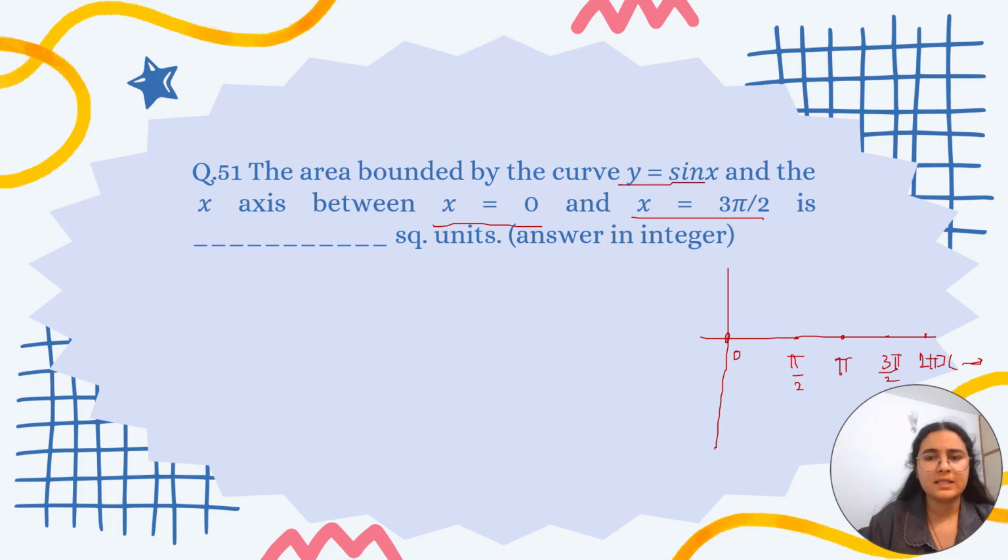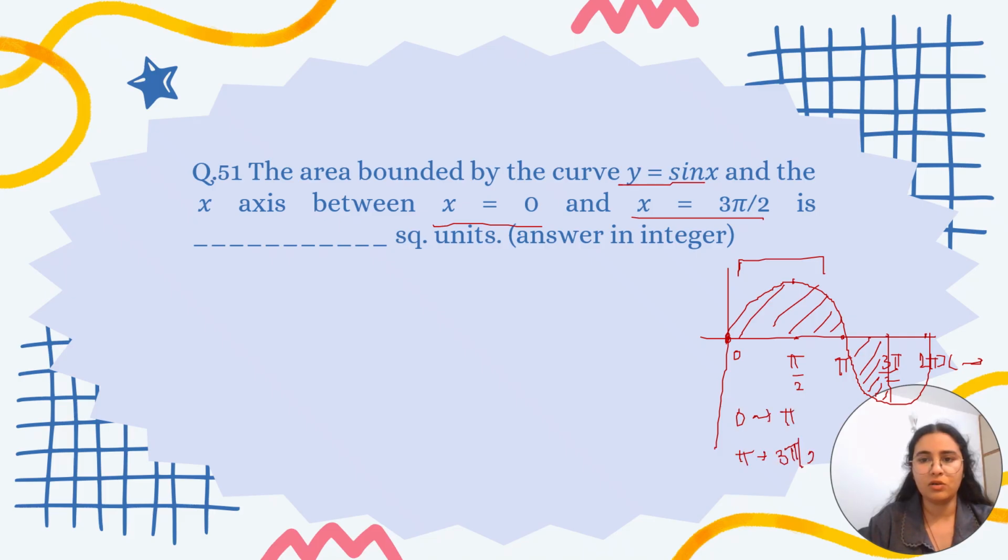Sin x is a periodic function, so at 0 it is 0 and at 90 degrees it is maximum. Something like this will be there, right? So I have to find this area and this area. I have to calculate this separately, 0 to pi and then pi to 3 pi by 2.